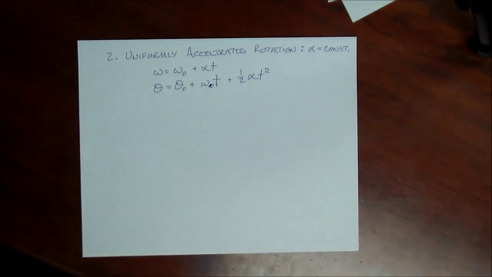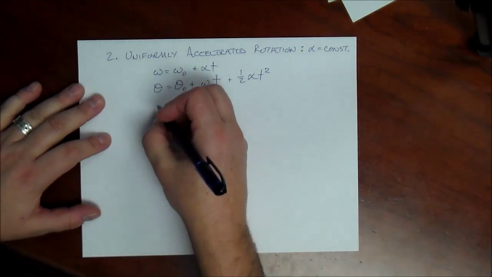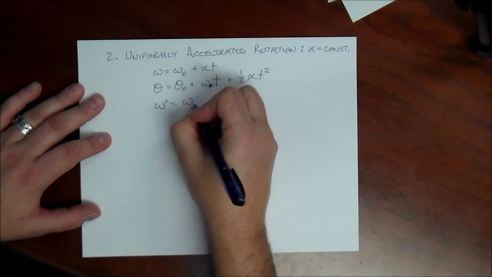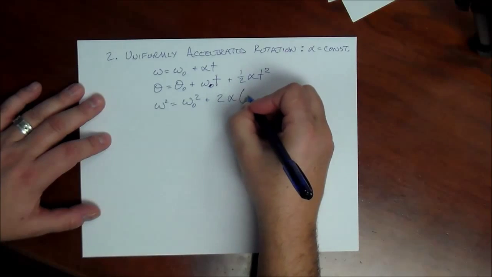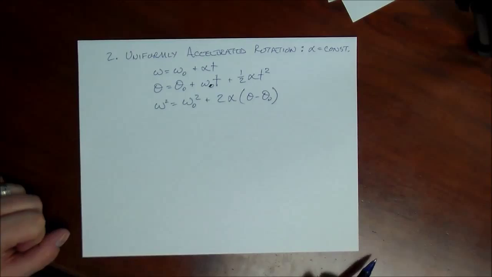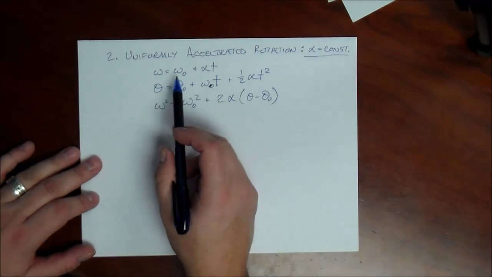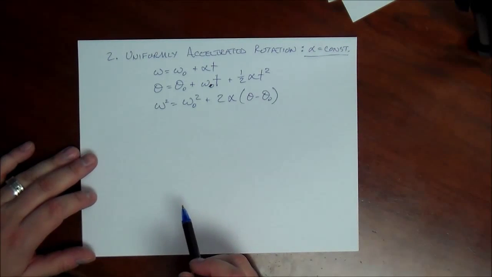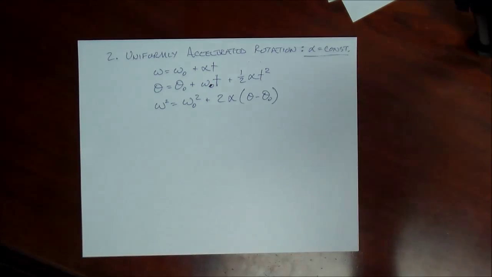You'll notice the parallel between these equations and those for motion of particles. Also omega squared. So all of these equations, if we know that angular acceleration is a constant, we can find the angular position and angular velocity for all time, given rotation about a fixed axis.